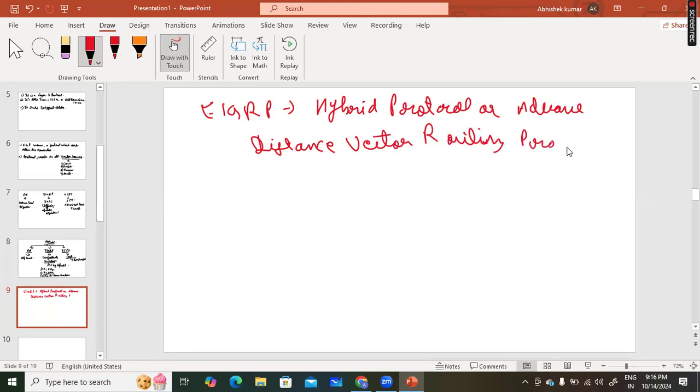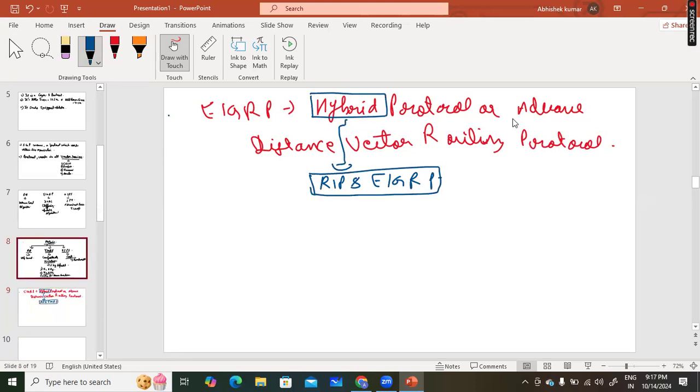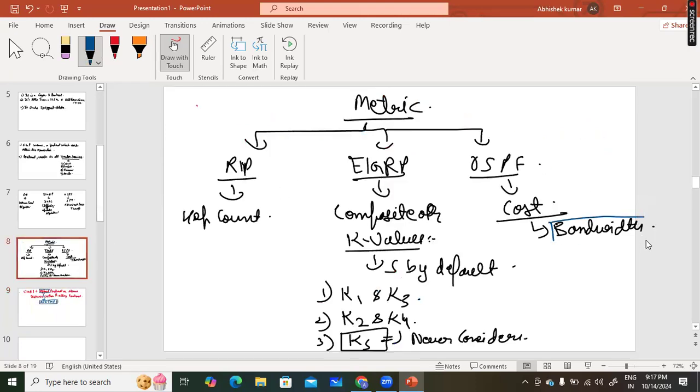It means this protocol has features of both RIP and OSPF. What does K1 stand for? K1 stands for bandwidth. See, both have this in common.